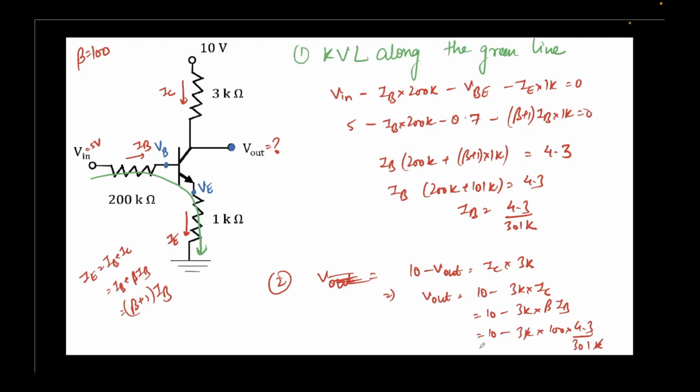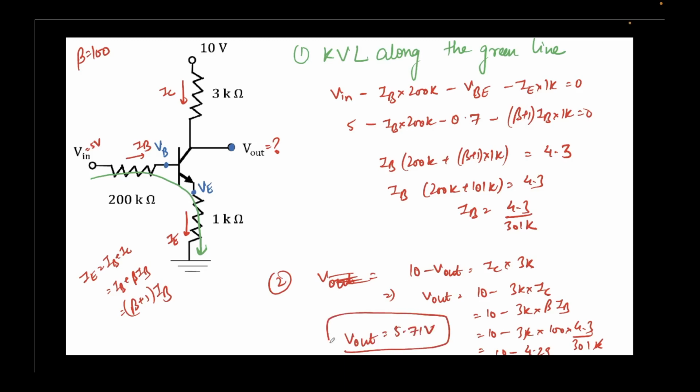I am just going to solve this expression using my calculator. The numerator is 300 times 4.3 divided by 301, which is nothing but 4.29. So it's 10 minus 4.29, and thus Vout comes out to be 5.71 volts.